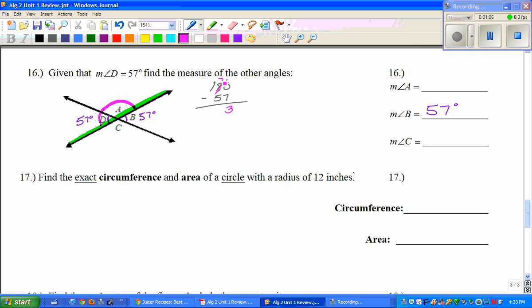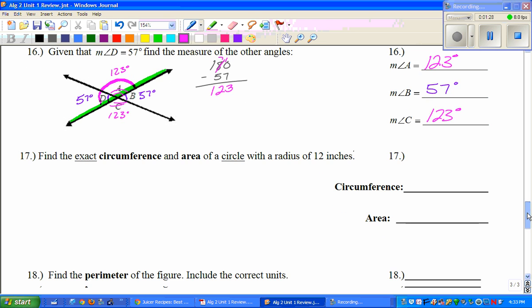The 8 turns into a 7. 7 minus 5 is 2. And bring down the 1. So angle A is 123 degrees. And now for C, A and C are vertical angles. So C is just 123 degrees. So that wasn't too bad.